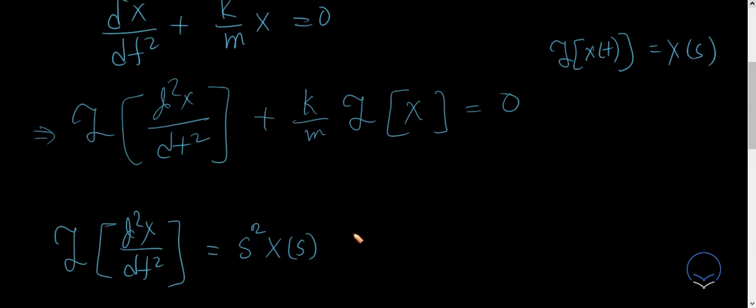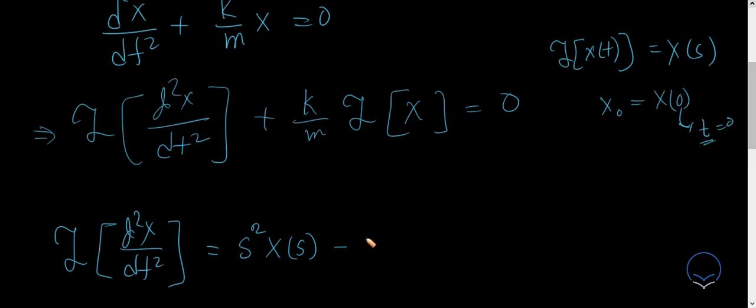Then there will be a minus, and it will contain some x0. By x0 I mean x at t equals 0. That means this x0 will mean x of 0, where the argument is the value of t, that is at t equals 0.